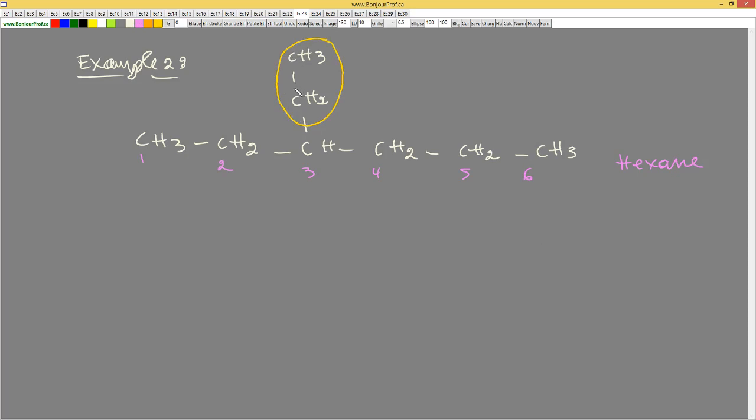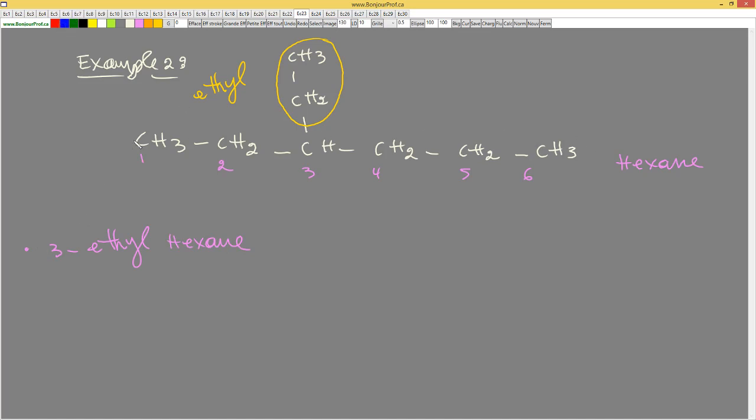It has 2 carbons, so it will be ethyl. And now, what is the name? The ethyl is in the 3rd position. It will be 3-ethylhexane.